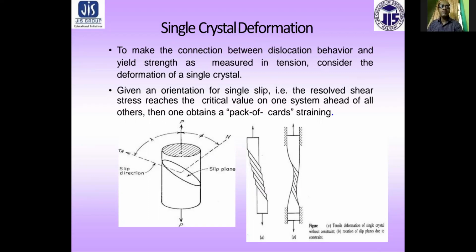then the area of the slip plane will be A by cos phi, and the force acting in the slip plane in the slip direction will be F cos lambda.